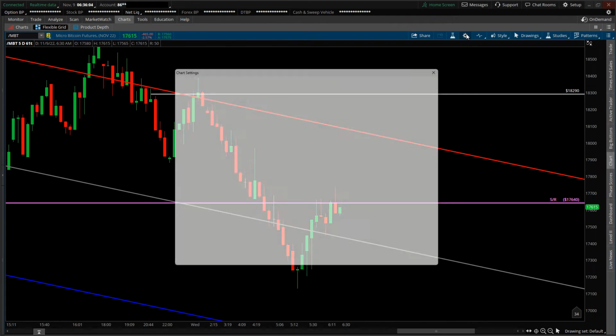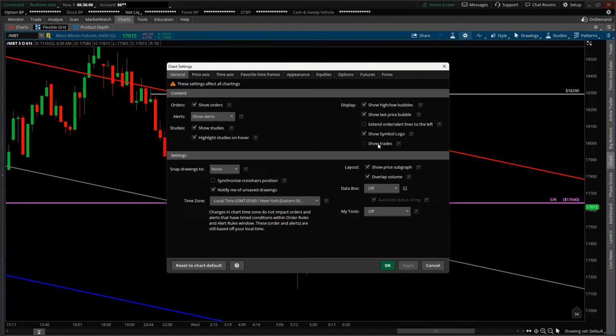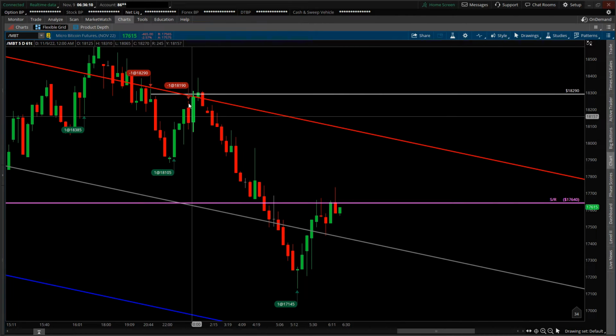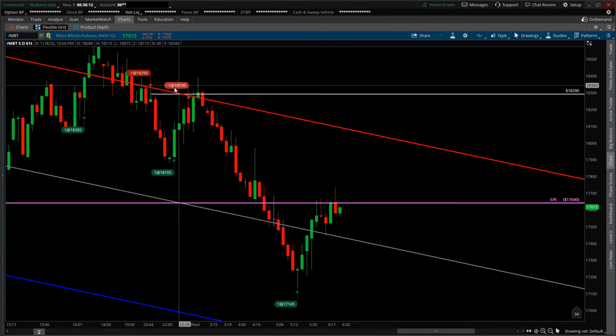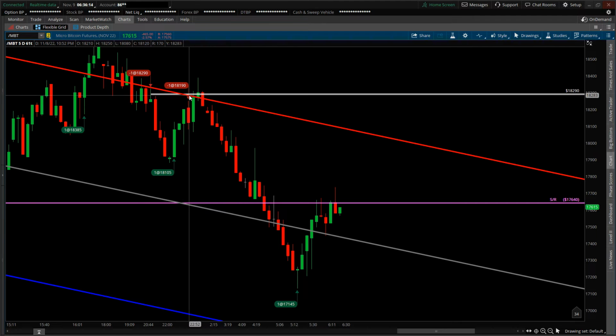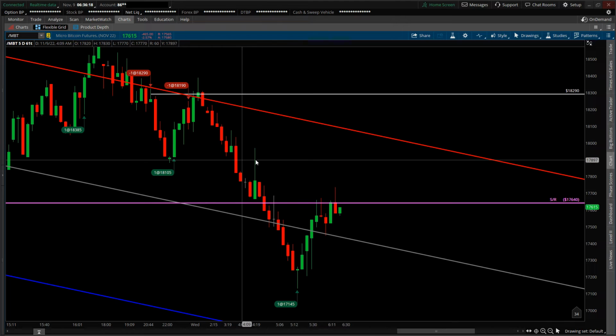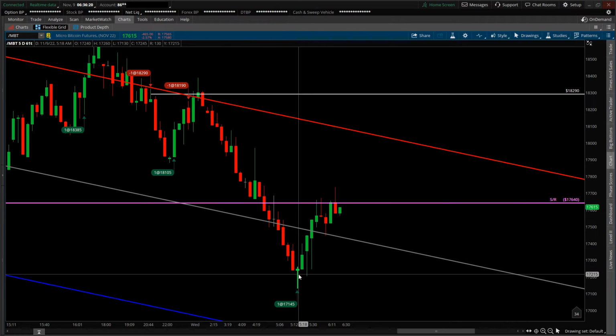So if I show trades, here's my entry. I shorted my contract last night at 18,190, and price just worked its way down.